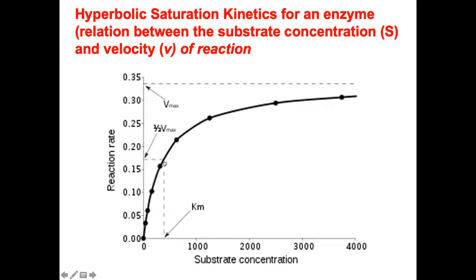So what we do is we create this hyperbolic structure. On the x-axis is the substrate concentration, on the y-axis the reaction rate. As the reaction goes up, at some point it will level off.